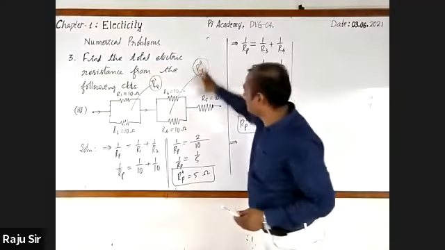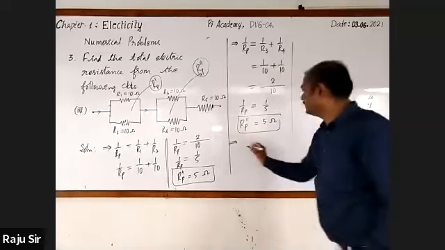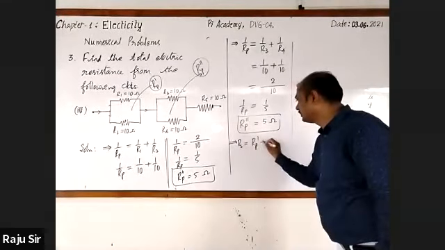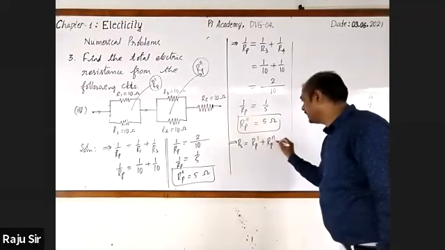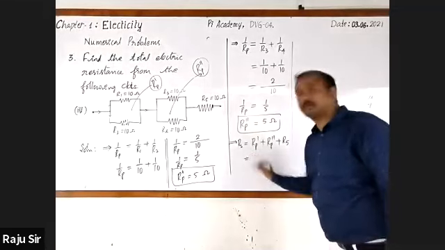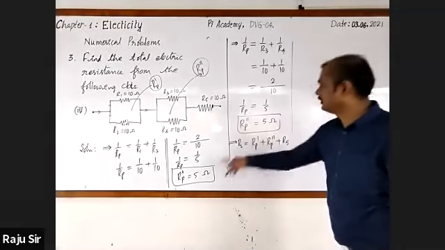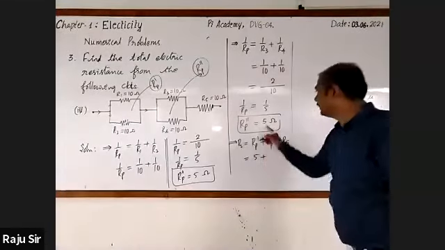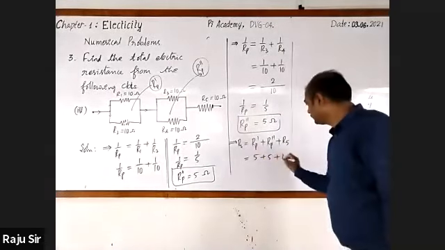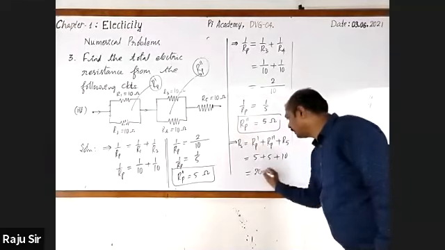This and this, they are in series. Hence, I can write Rs is equal to Rp dash plus Rp double dash plus R5. This is equal to, where Rp dash is 5 ohm, Rp double dash 5 ohm, and R5 is 10, equal to 20 ohm.